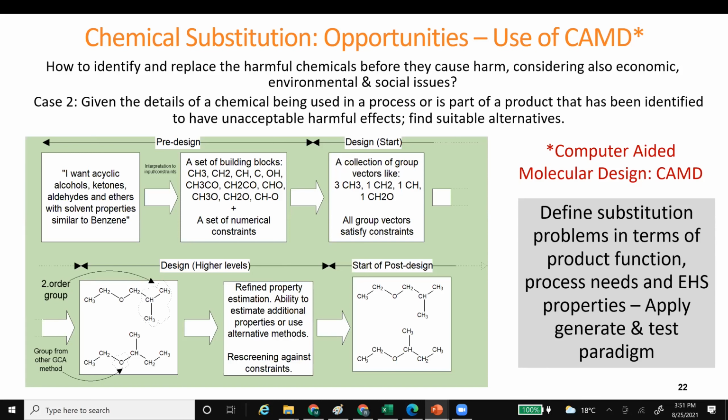I take the groups, the atomic groups, that is CH3, CH2, CH, these kinds of groups. And if I combine these groups together, I can make molecules. So then I need a method by which I can generate molecules from the groups.